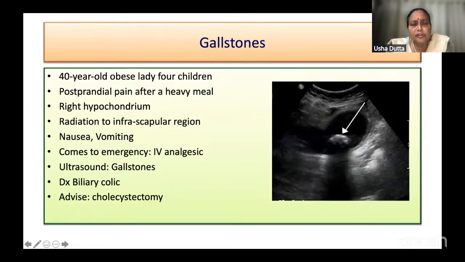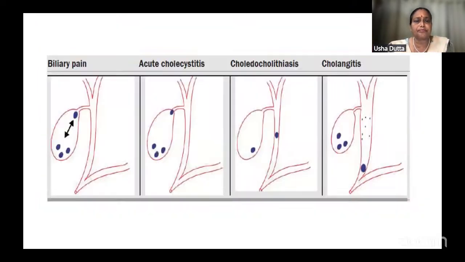So a 40-year-old obese lady with 4 children comes with postprandial pain after a heavy meal in the right hypochondrium or in the epigastrium, radiating to the infrascapular region with nausea and vomiting, comes into the emergency, has an IV analgesic, ultrasound shows stones, and shows Murphy's sign positive or tenderness over the gallbladder. We diagnose biliary colic or acute cholecystitis, and we advise cholecystectomy. This is a clean, open and shut situation where there is no controversy.